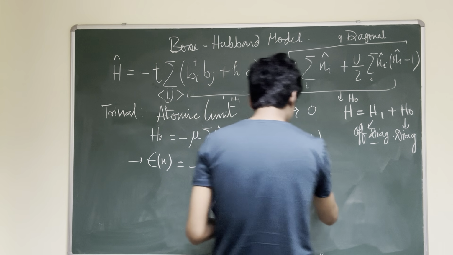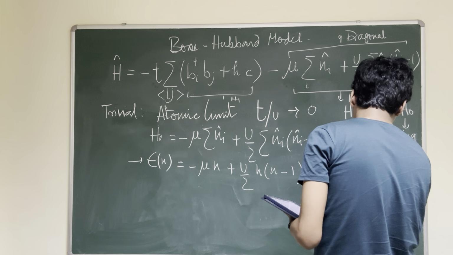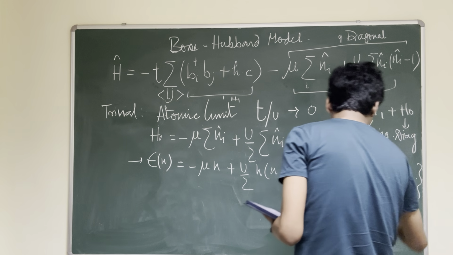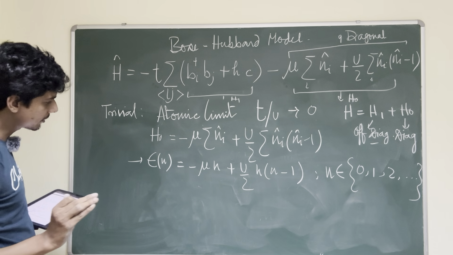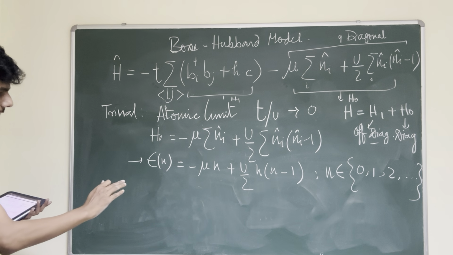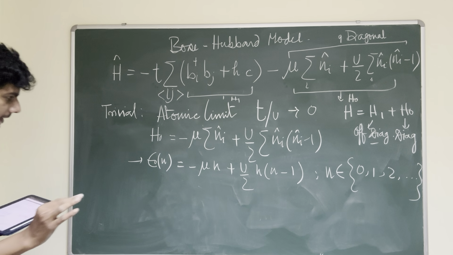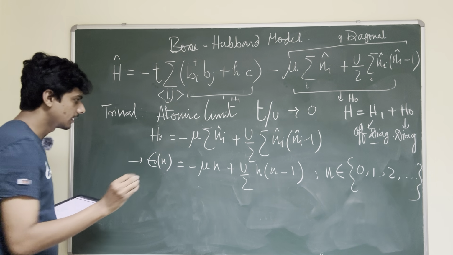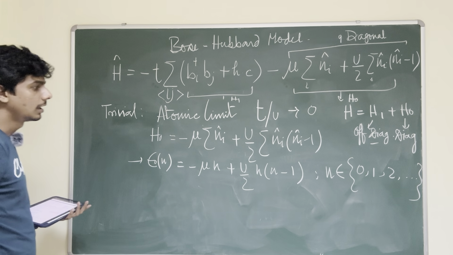So I write it as epsilon naught to specify that the energy eigenvalues are obtained from the diagonal portion of the Hamiltonian.